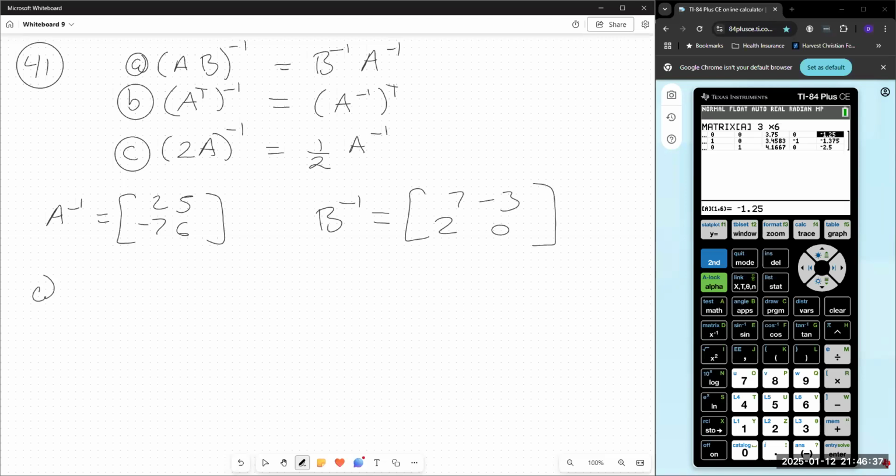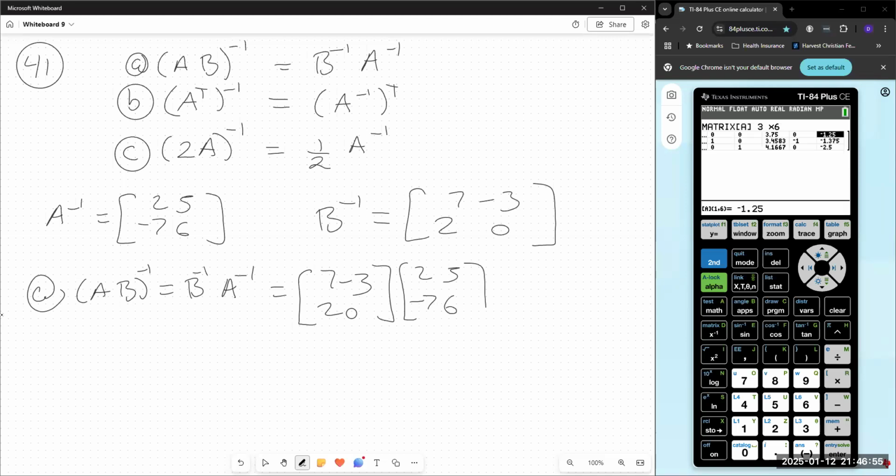So the first thing that I want to find is (AB) inverse, which equals B inverse times A inverse, which is 7, -3, 2, 0 times 2, 5, -7, 6, which is 14 plus 21, and then 35 minus 18, and then 4 plus 0, and then 10 plus 0.